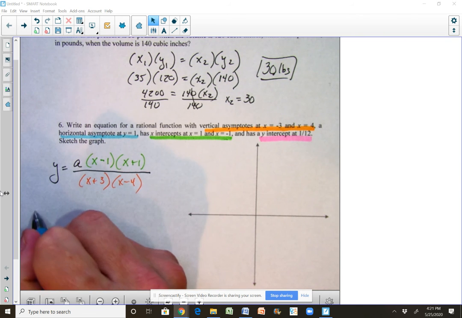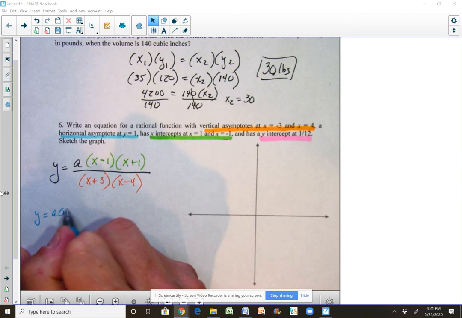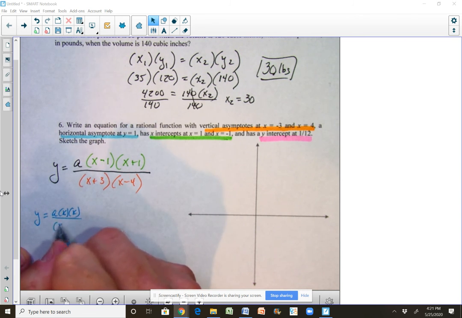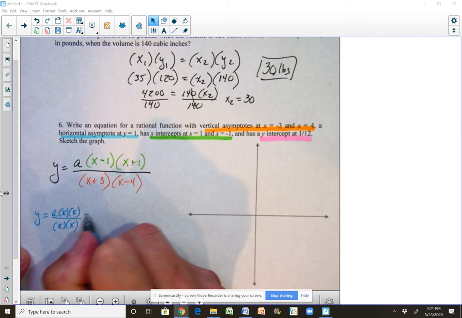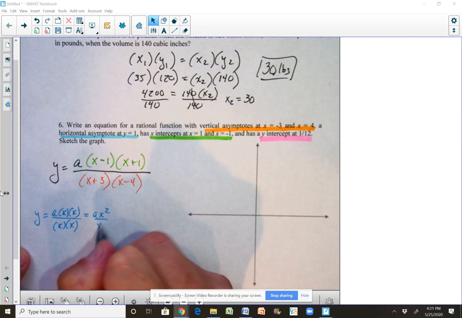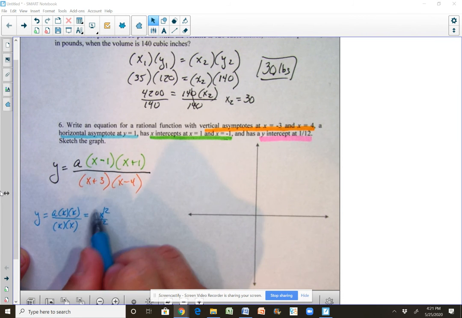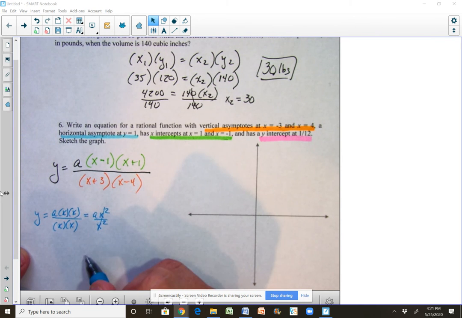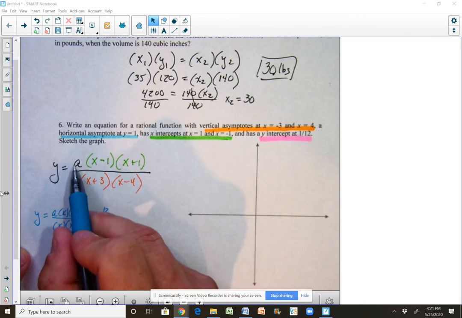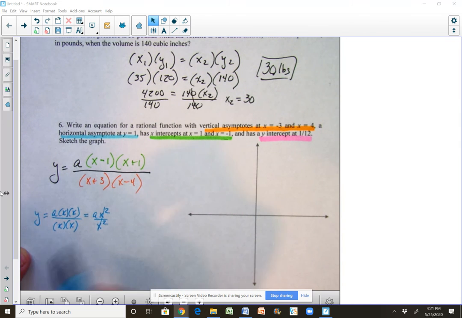This is ax squared over x squared. So these are going to cancel, but it says it's supposed to be 1. So it looks like a should be a 1. So you can figure out the fact that the coefficient has to be just a positive 1 that way.